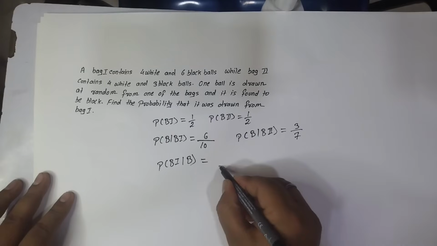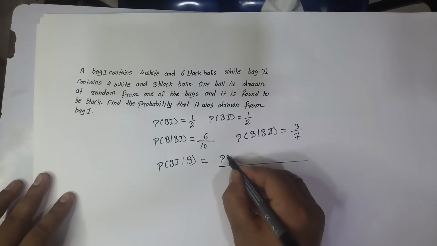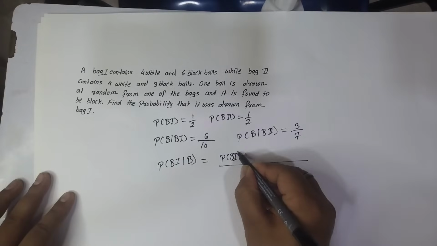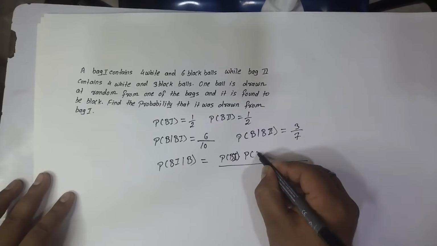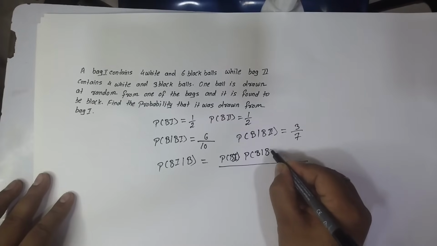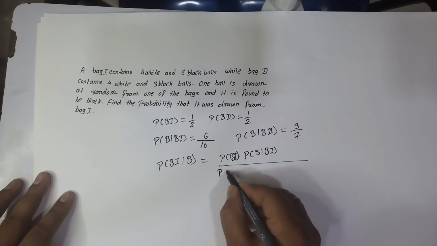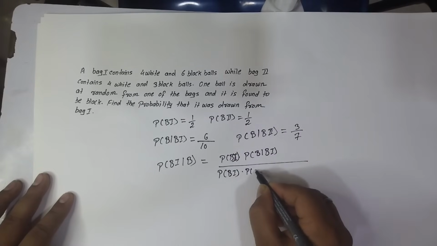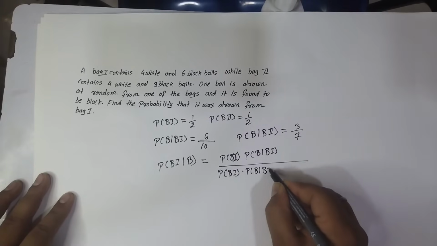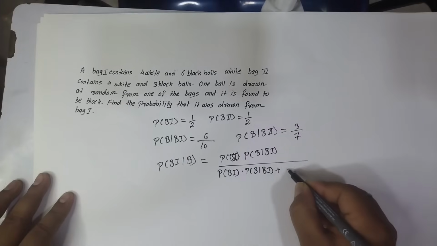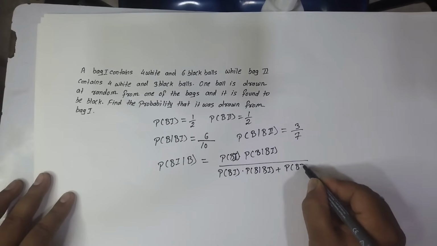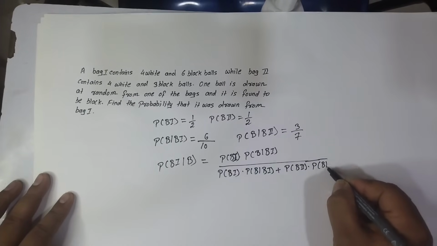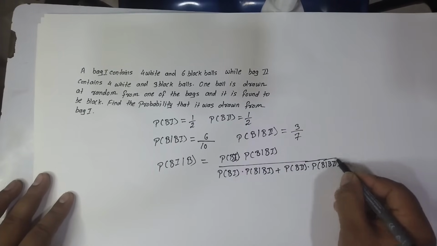It is equivalent to the probability of bag 1 multiplied by the probability of a black ball under bag 1, divided by the probability of bag 1 into the probability of a black ball given bag 1, plus the probability of bag 2 into the probability of a black ball given bag 2.